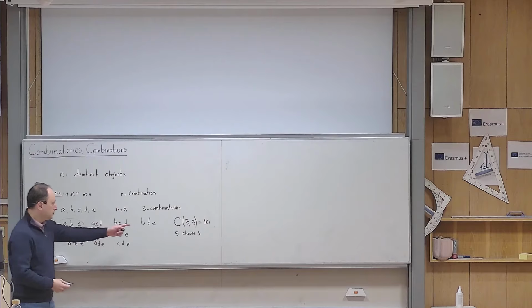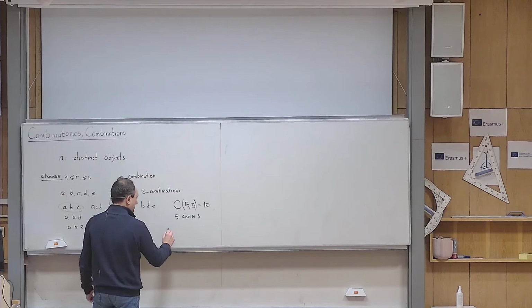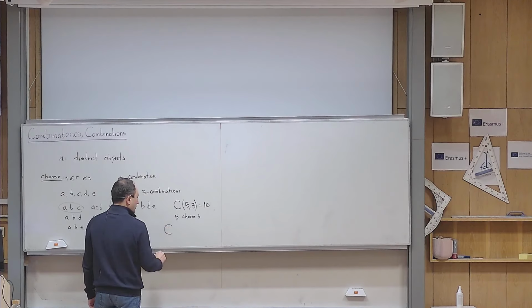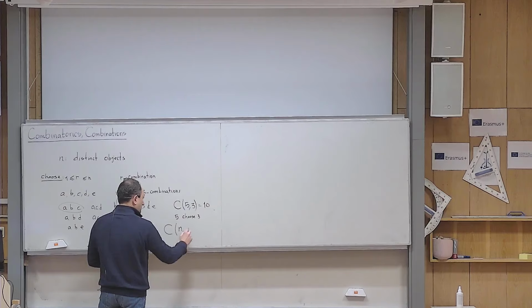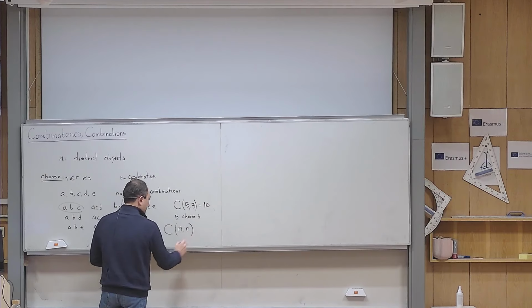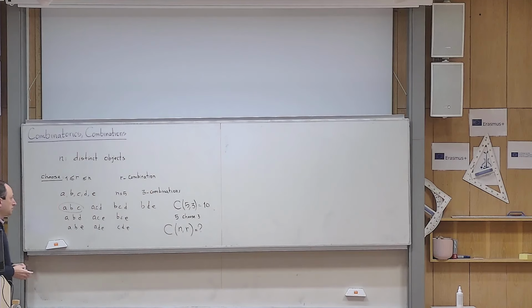So we want to find a formula for this in general. I want to know the number of combinations of n distinct objects if I want to choose r of them. But is the idea of combination clear? Yes.